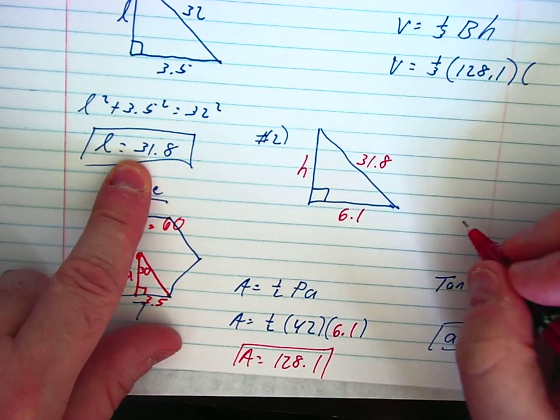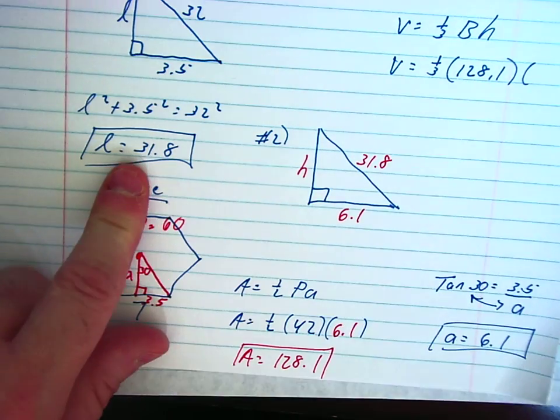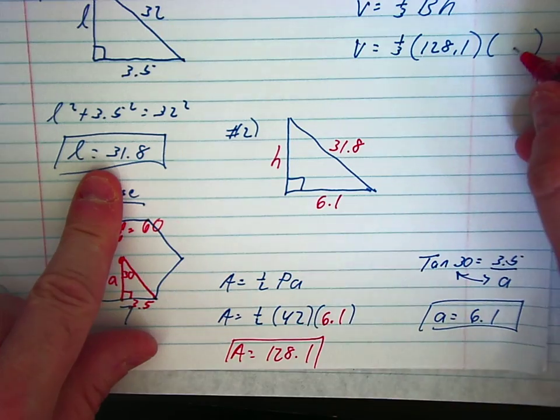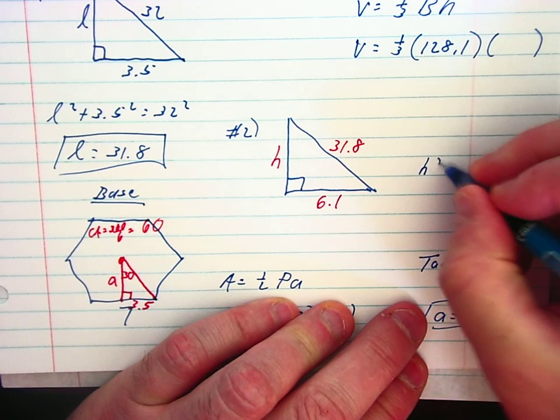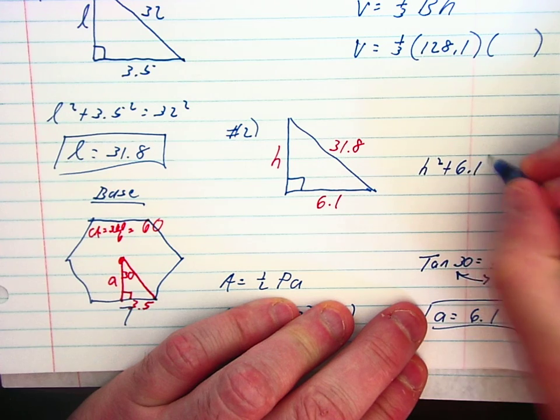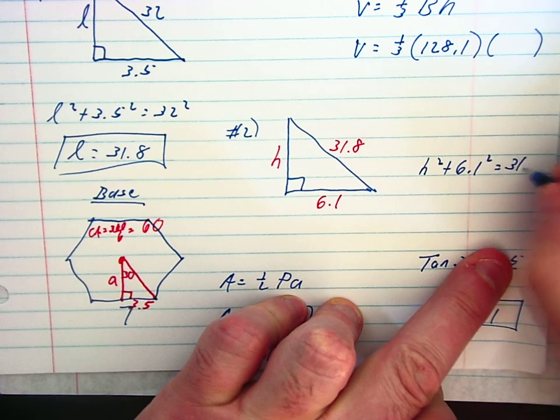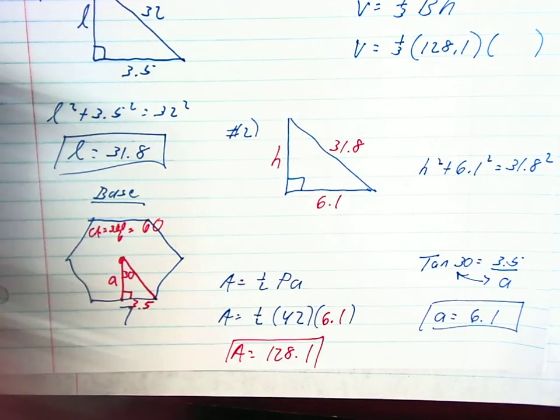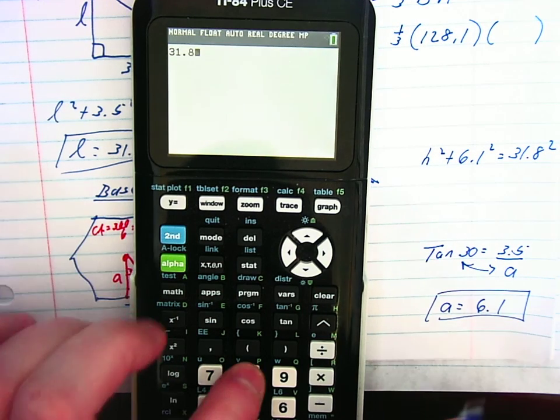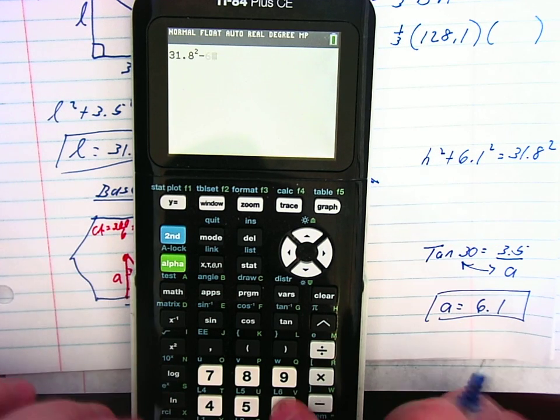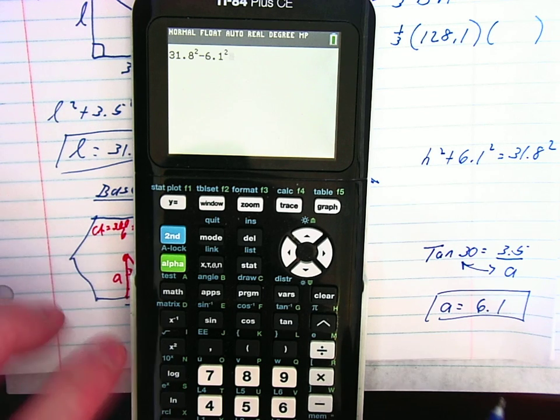Do your Pythagorean theorem, find your height, put it in here, and then we put it right here, and then we'll be done. So Pythagorean theorem, h squared plus 6.1 squared equals 31.8 squared. Go to your calculator, and we're almost done. 31.8 squared minus 6.1 squared gives me that.